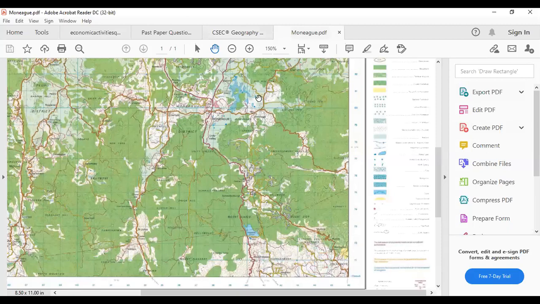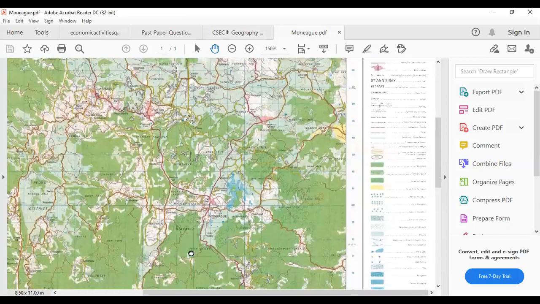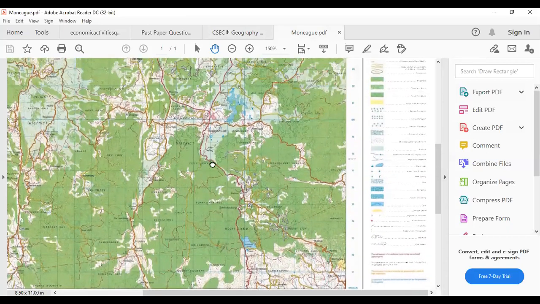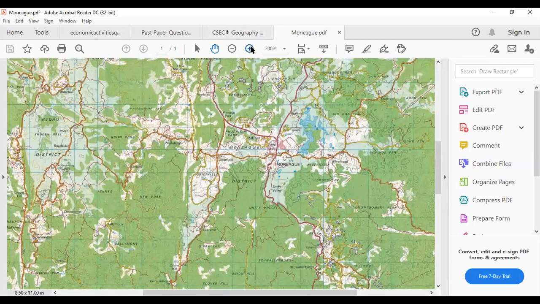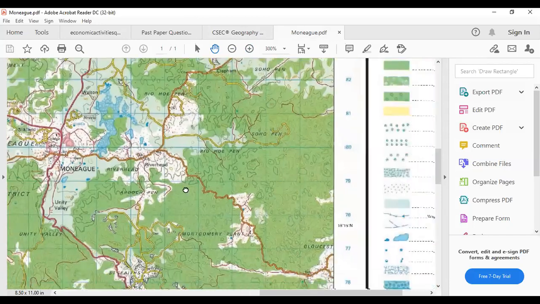So let us look at Claremont and Golden Grove. Claremont is where? And when they say economic activities, they're talking about primary, secondary, tertiary activities. So it can be anything from agriculture, mining.